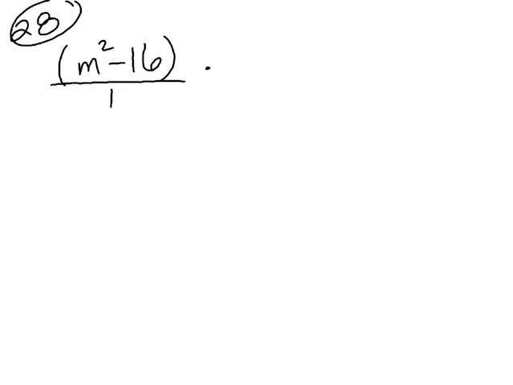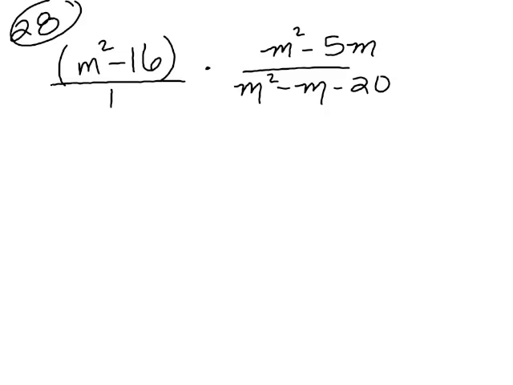And then my second term, I have m squared minus 5m on top, m squared minus m minus 20 on bottom. Okay, perfect squares again. So m plus 4 times m minus 4. That will give me my m squared minus 16.